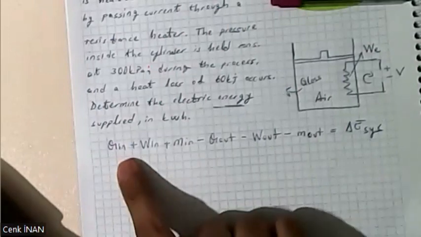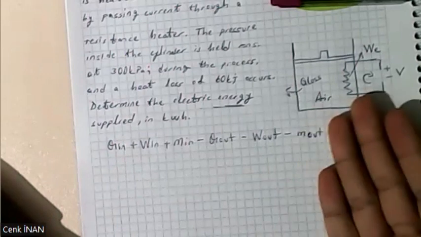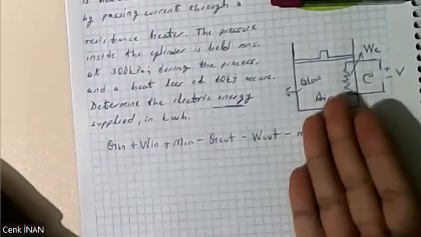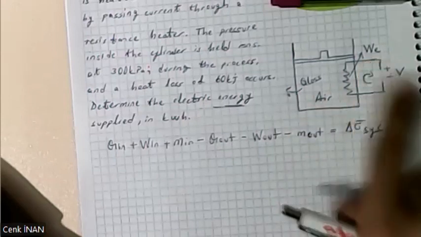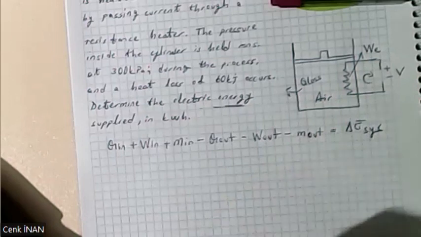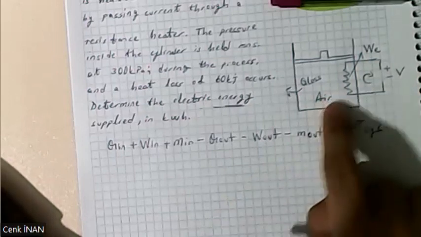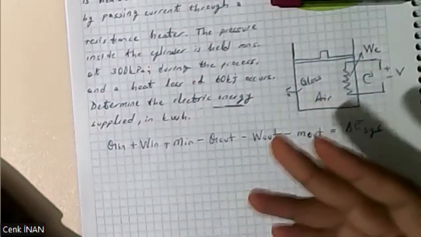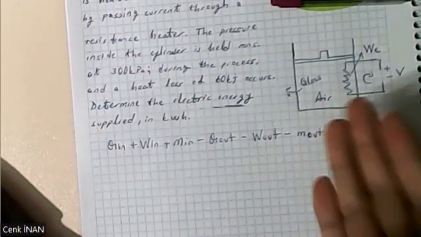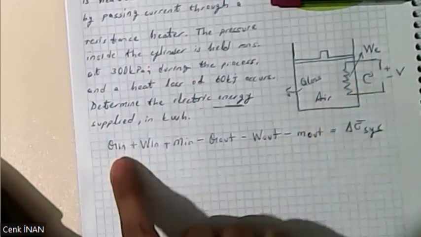Okay, so let's analyze. Do we have any Q in? It is obvious we don't have any Q in through the system. We have work input, which creates heat and makes the air inside the cylinder warmer, but this is not directly set as Q in.